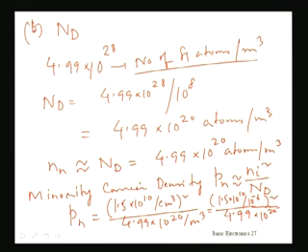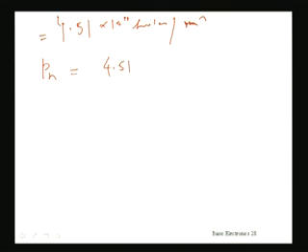So, if I calculate this, then I get this value as 4.51 into 10 to the power 11 holes per meter cube, because I have brought it into meter cube. So, the hole concentration now is 4.51 into 10 to the power 11 holes per meter cube.